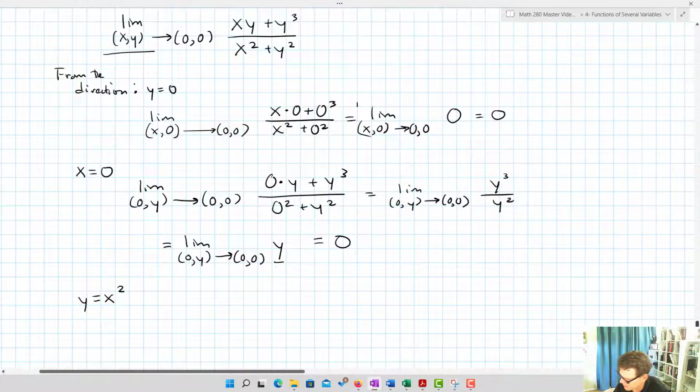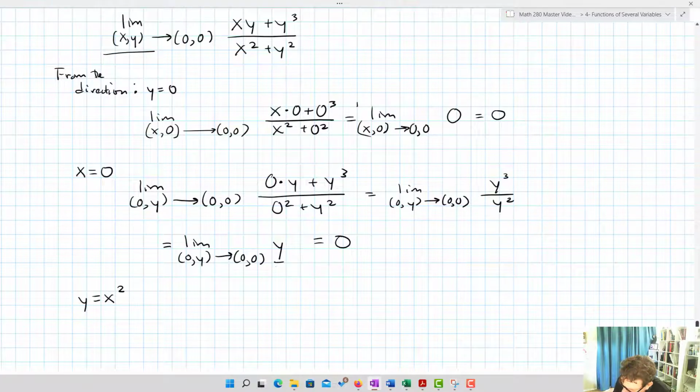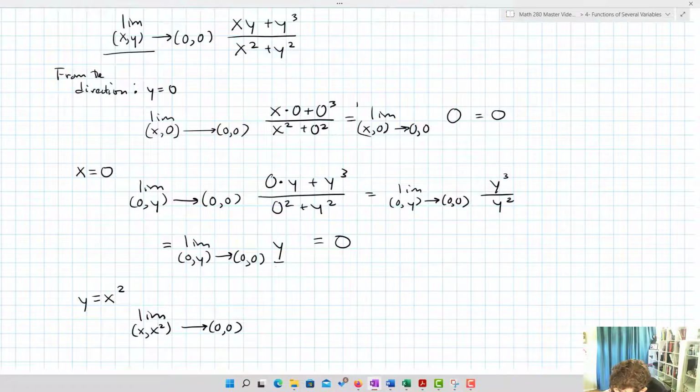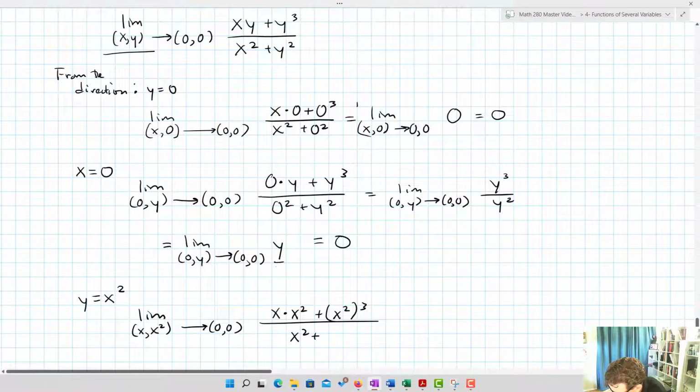Now we're along a parabola, which is an interesting direction. Theoretically, we would have to check it. We don't have to, but let's just say we're going to check it here. So now this is going to give me the limit as, now y is x squared, so this is (x, x squared) goes to (0, 0), of x times x squared plus x squared cubed divided by x squared plus x squared squared.